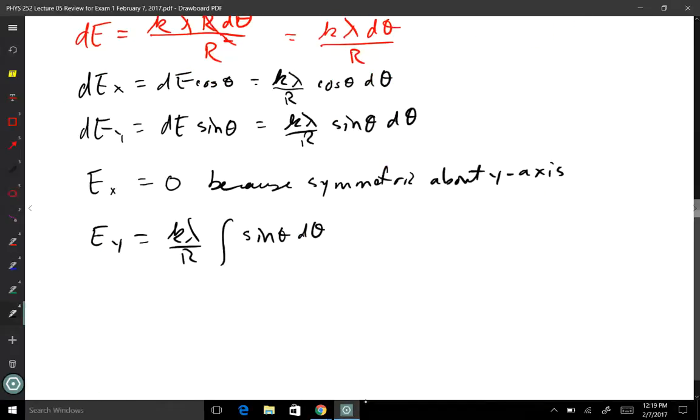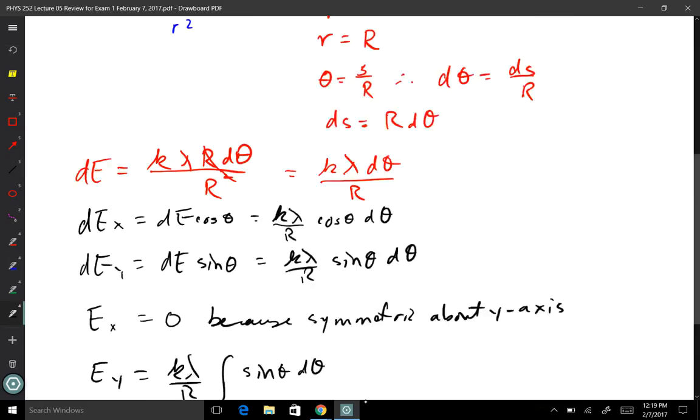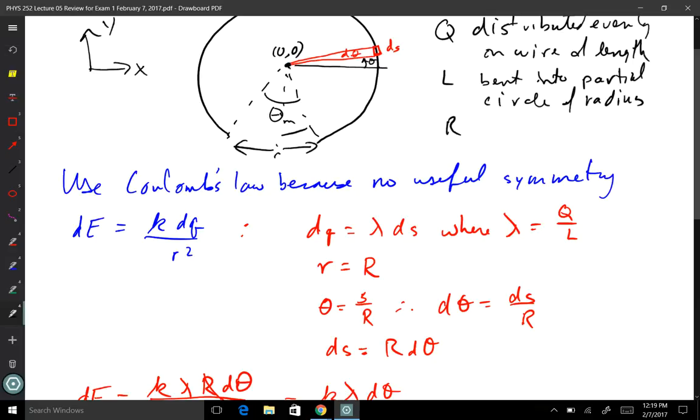So I'm going to go from minus pi over 2 plus 1/2 theta missing up to, what's my other limit? Well, it's a lot easier to just go 2 pi minus the same thing.